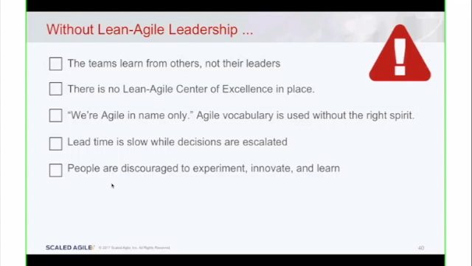We want to see leaders that are consistent. They say what they mean, and they've been trained themselves. They've bought in to these lean agile concepts, and they're very experiment friendly. They're highly forgiving of people that took risks and the risks failed, and they're always learning, right?